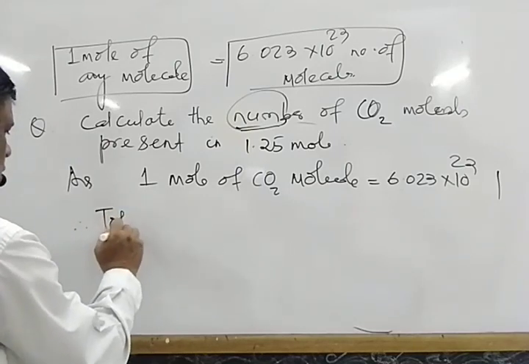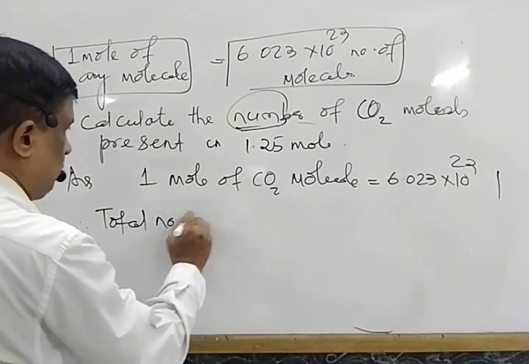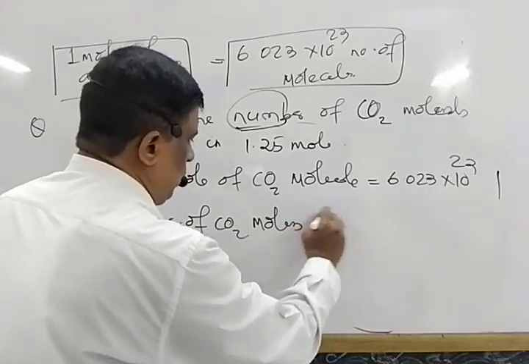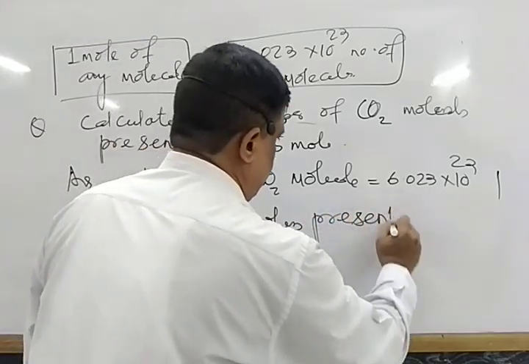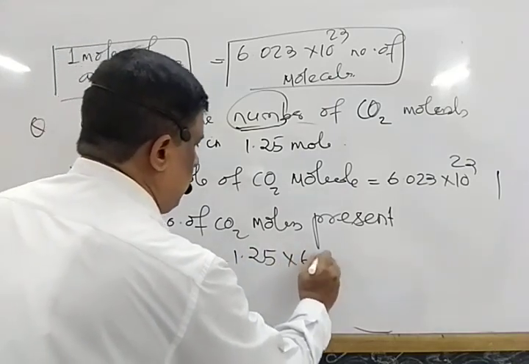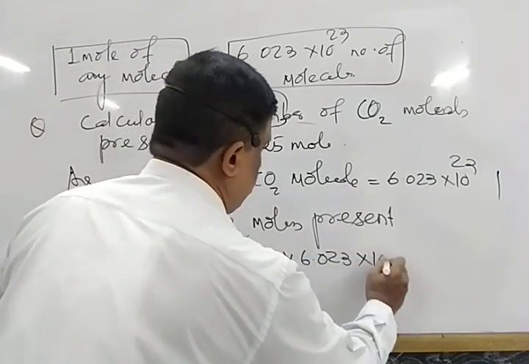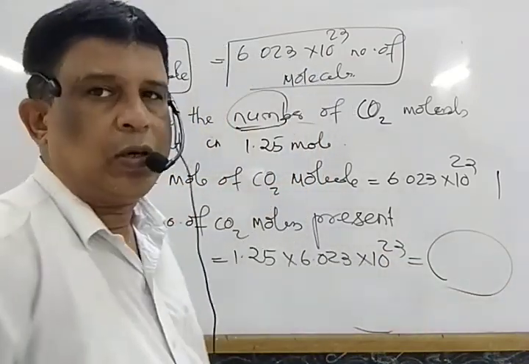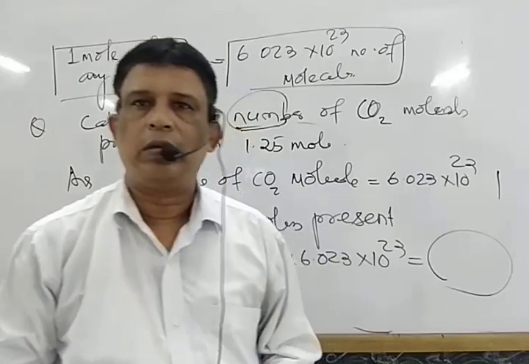Therefore, the total number of CO2 molecules present is 1.25 × 6.023 × 10^23. Multiply, and this gives the total number of molecules.